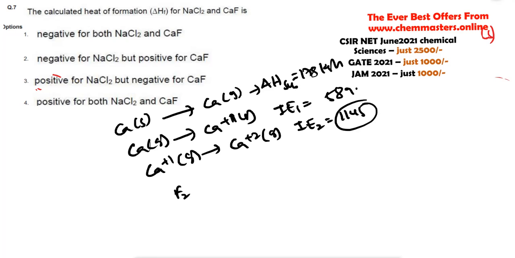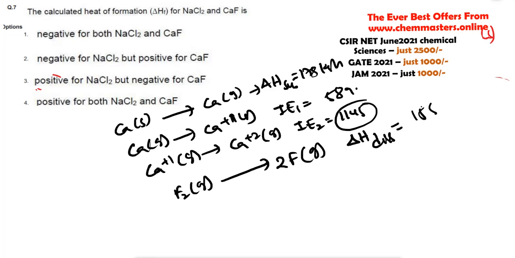Now just come to fluorine gas, that is a diatomic gas, which should be dissociated to form single monoatomic gases. For this the change in enthalpy of dissociation equals 158. Now for the first electron affinity, by taking one electron it will convert to F- gas.